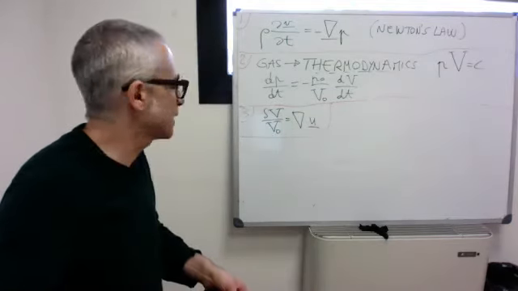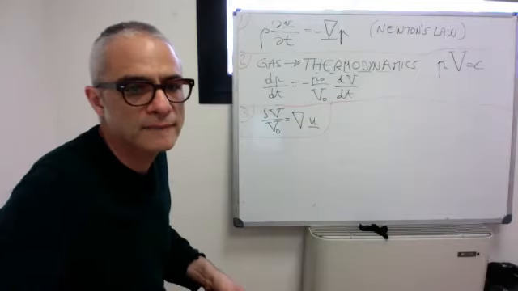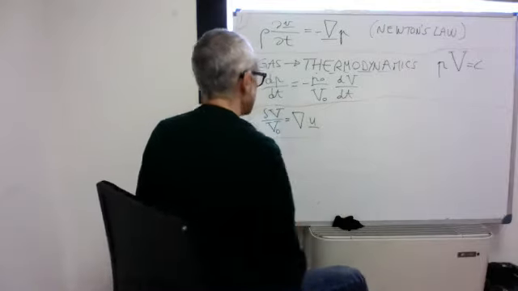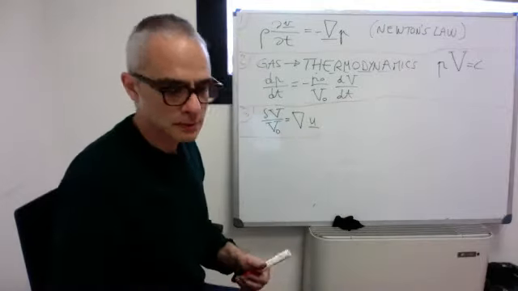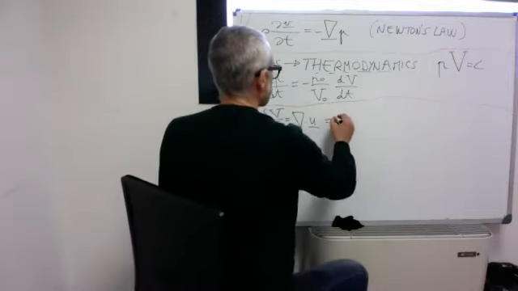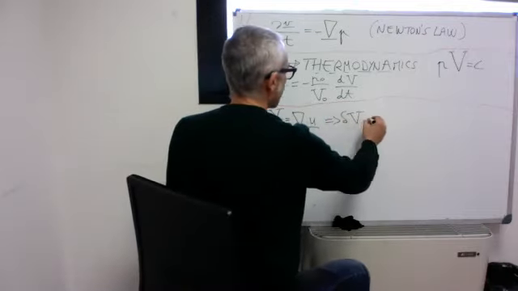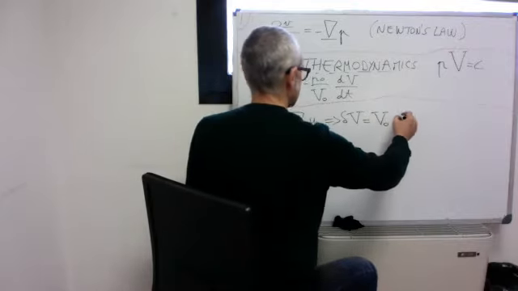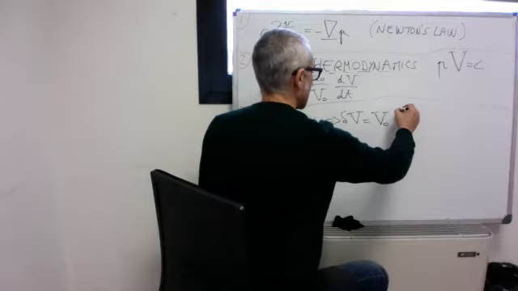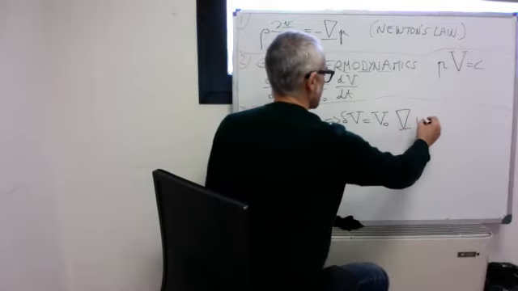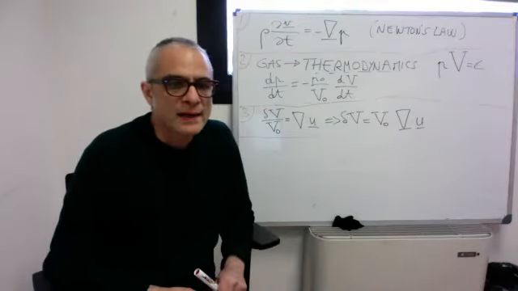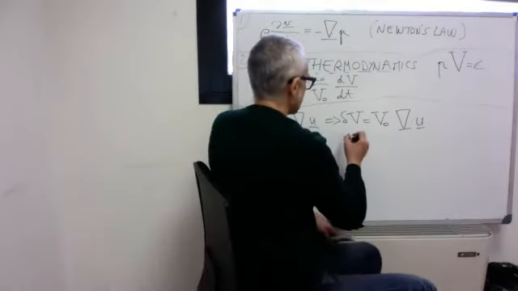I still need to play a couple of tricks. If this is true, okay, then of course the absolute change in volume, rather than relative, is V0, the initial volume, times the divergence of the displacement. So the time derivative of this.